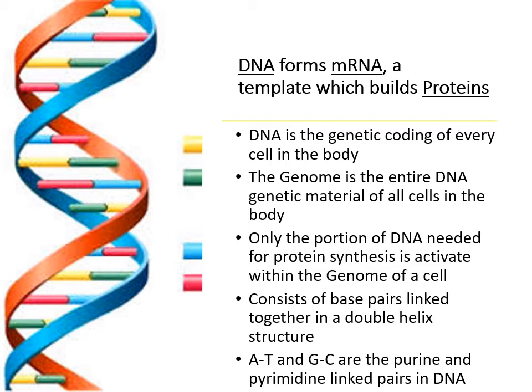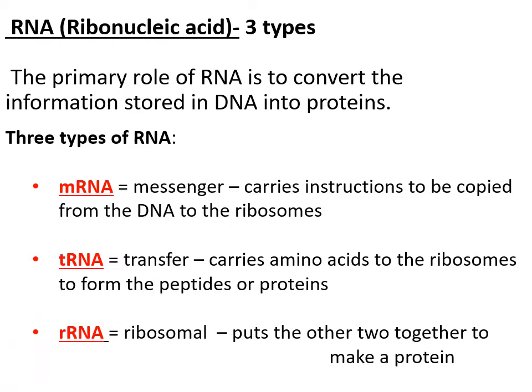So, we're going to talk next about how this process occurs from DNA to messenger RNA and then into the cytoplasm. And remember, A goes with T, and G goes with C, as base pairs of DNA. So RNA, ribonucleic acid.